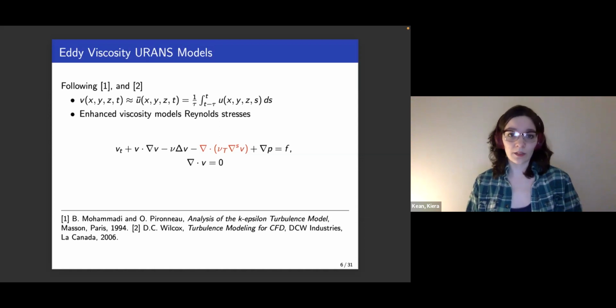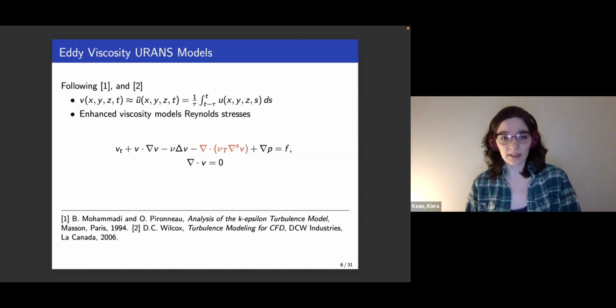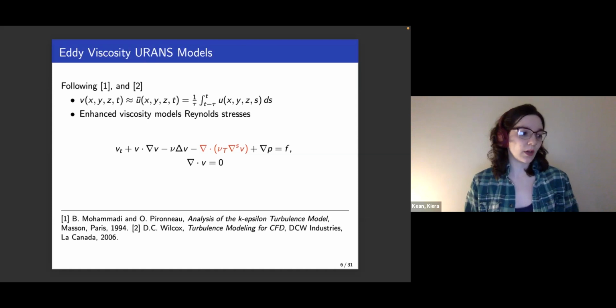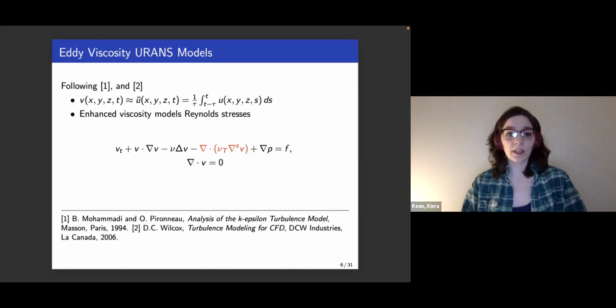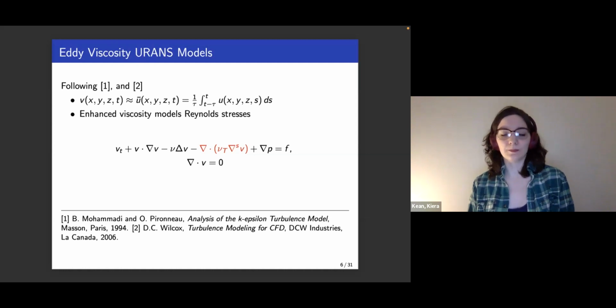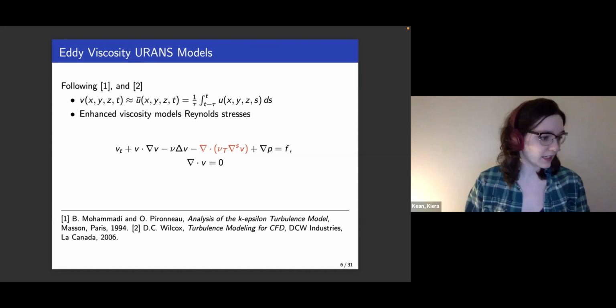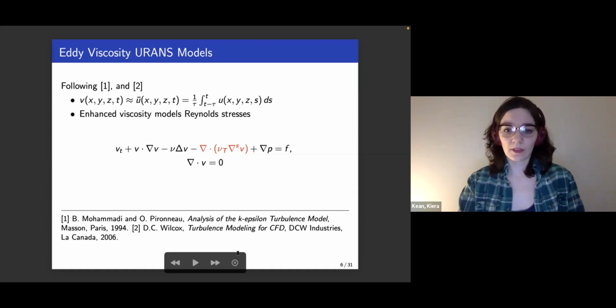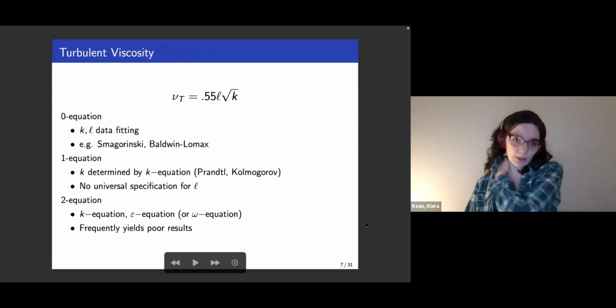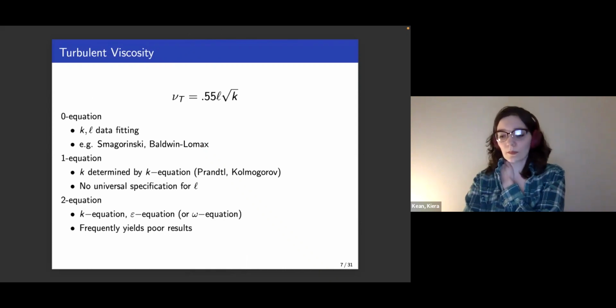And we model the Reynolds stresses with enhanced viscosity. So the Reynolds stresses in the long time average have been proven to be dissipative. So by adding this additional dissipation, we model their effects. And the formula for nu-T, this turbulent viscosity, is given by Kolmogorov and Prandtl.